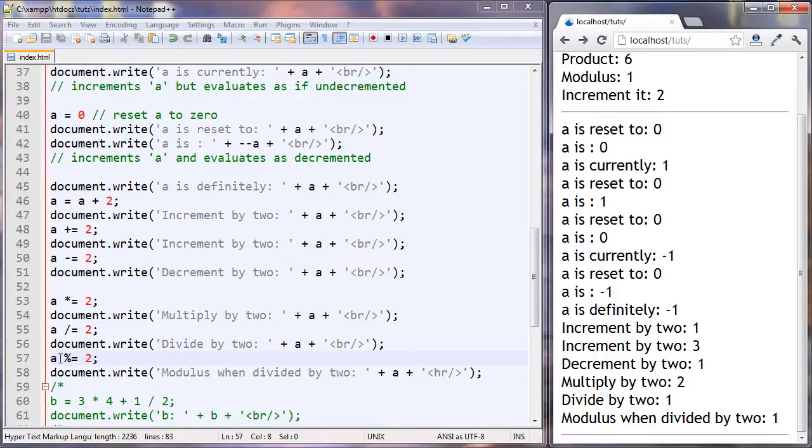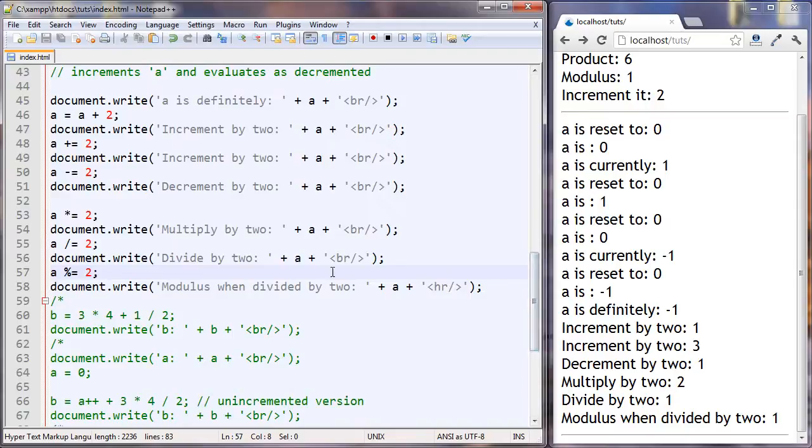So we're doing 1 modulus, a is set to 1 modulo 2. And that returned 1. Okay, so that's how those work.